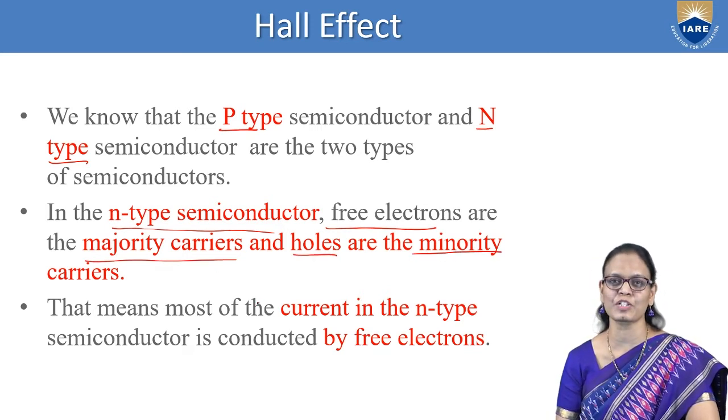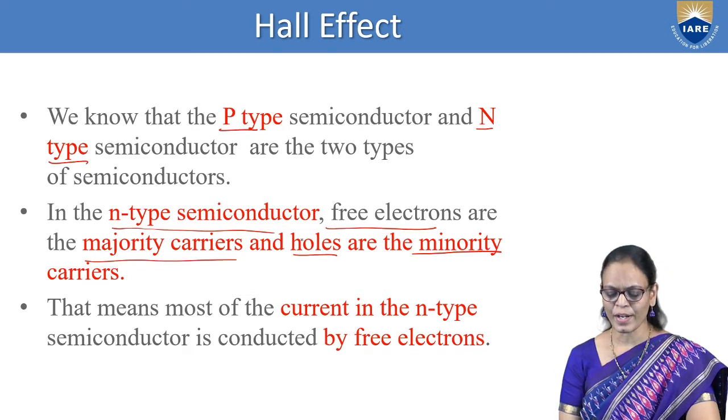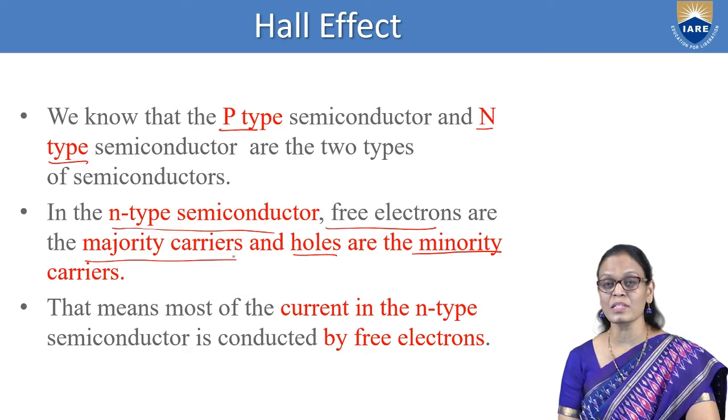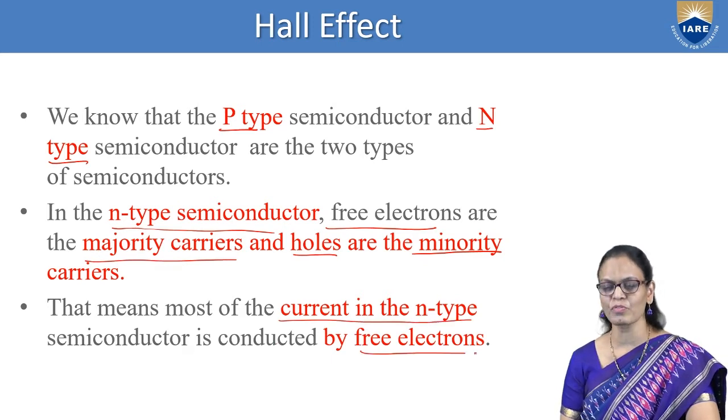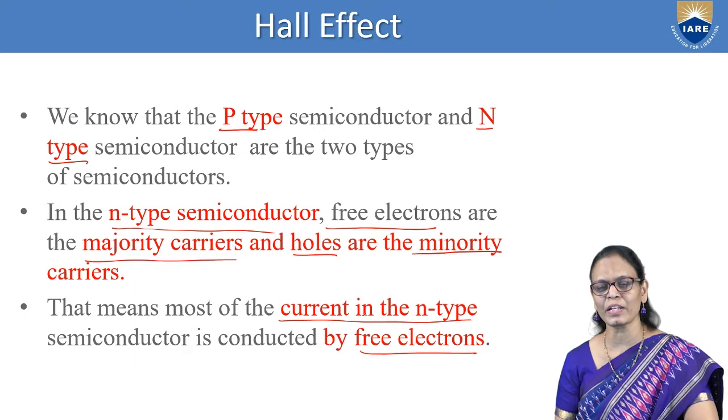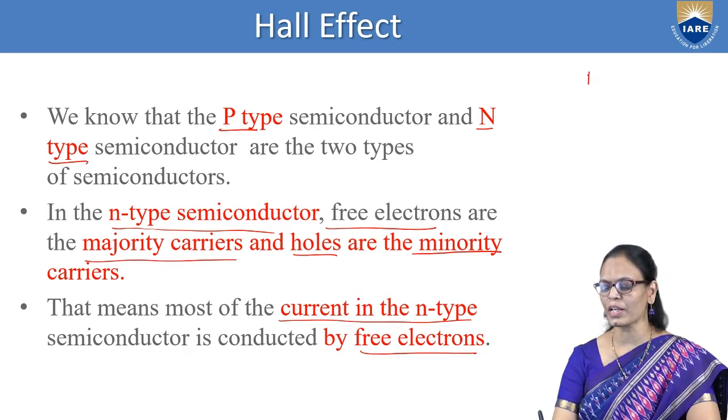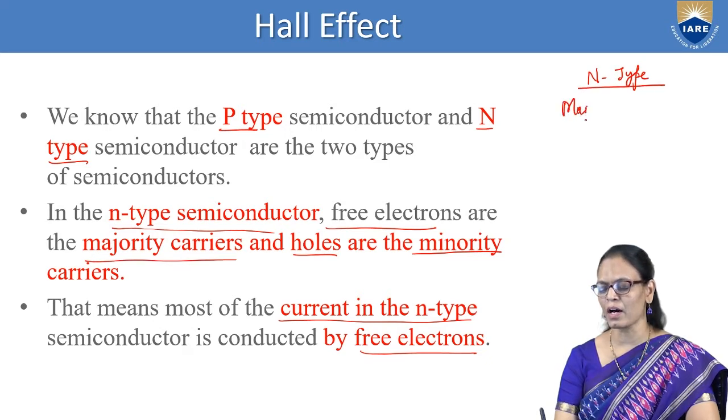We have derived expressions for the charge carrier concentration also. What does this mean? If the free electrons are the majority carriers and holes are the minority carriers, it means that most of the current in n-type is due to free electrons. That is what we need to understand. Whenever we are talking about an n-type semiconductor, the majority carriers are electrons.